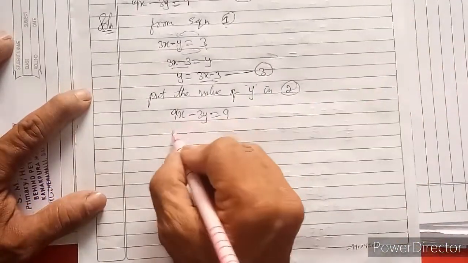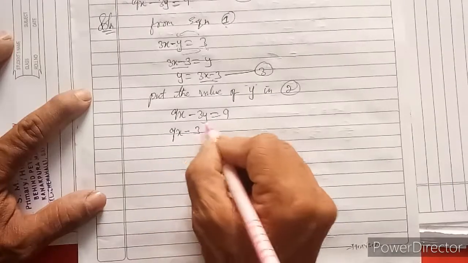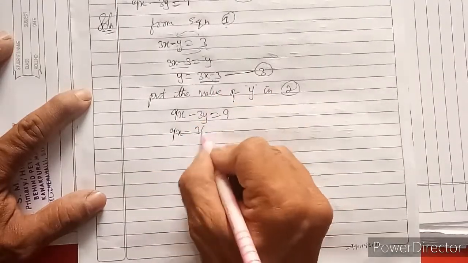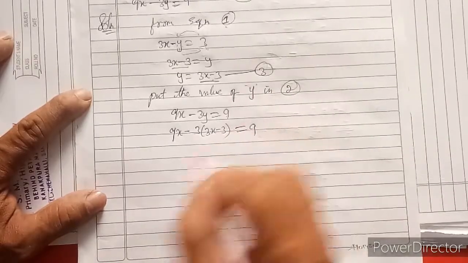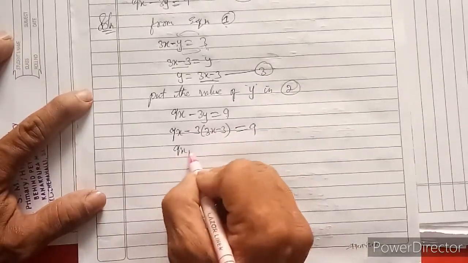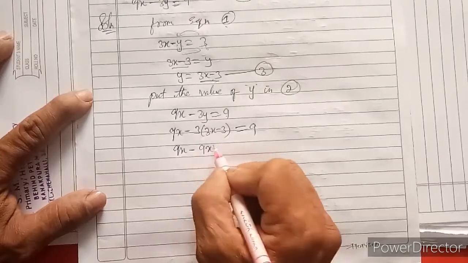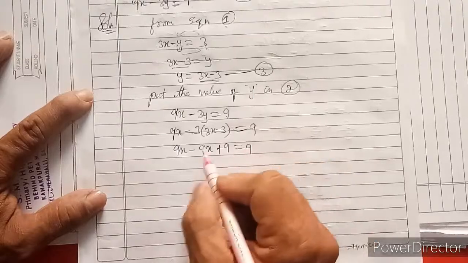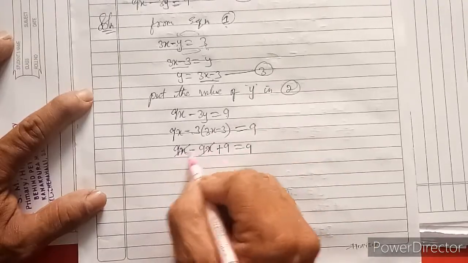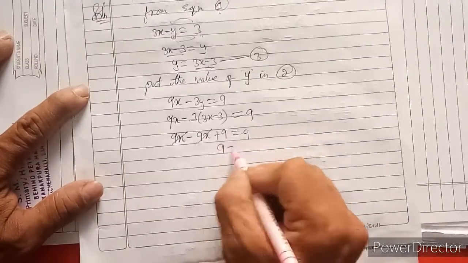After that, 9x minus 3 times (3x minus 3) is equal to 9. So 9x minus 9x, minus into minus plus 9, is equal to 9. Minus 9x plus 9x get cancelled. What is the answer we got? 9 is equal to 9.